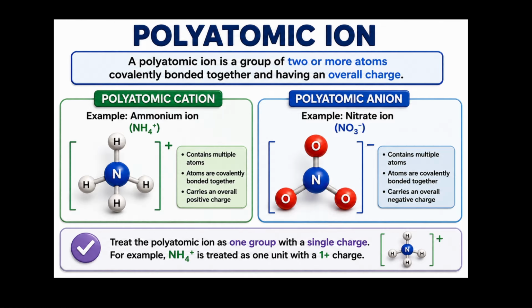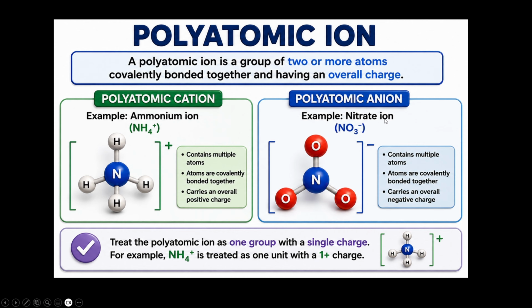A positive polyatomic ion is called a polyatomic cation, such as ammonium. And a negative polyatomic ion is called a polyatomic anion, such as nitrate.